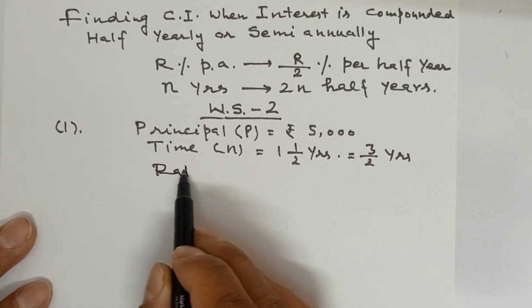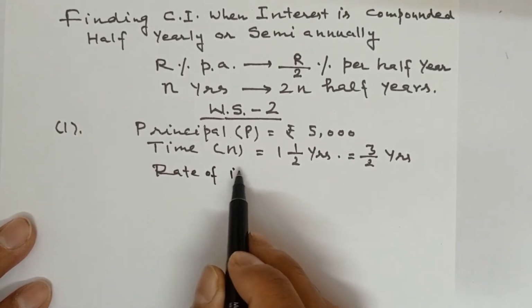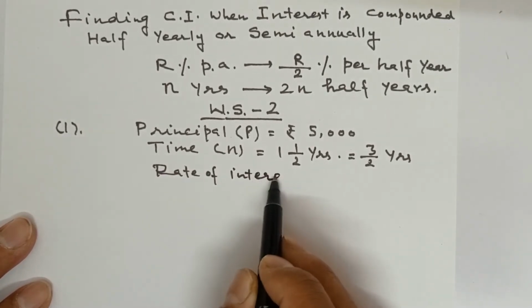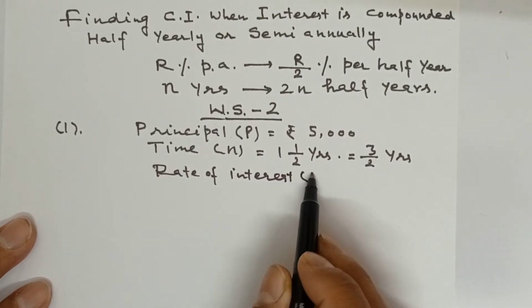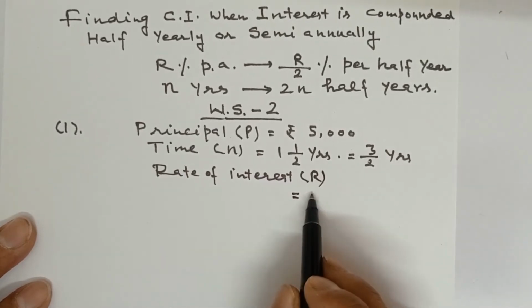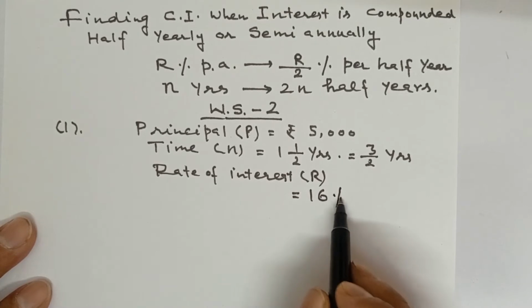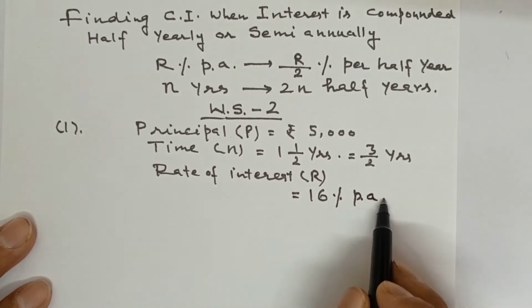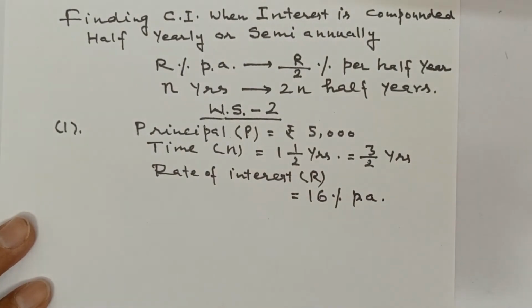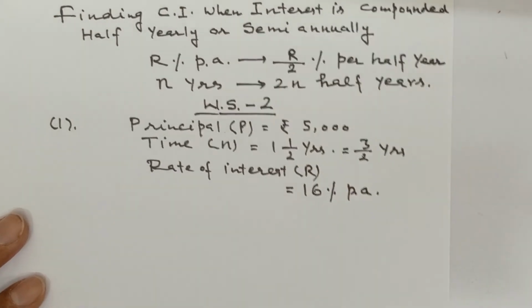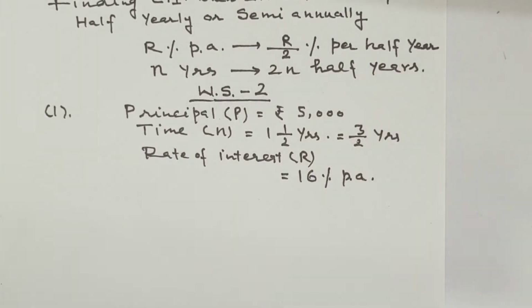So here the rate of interest is given as 16% per annum. Further, I am reading the statement: find the compound interest on rupees 5,000 for 1 and 1 by 2 years at 16% per annum compounded half yearly.